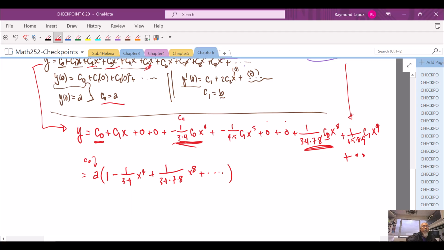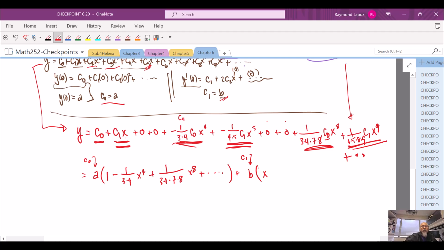And now let's capture all the terms of the c sub 1. I'm just going to write the 3 terms that we have here, but they go on forever. So c sub 1 is actually equal to b, which we found up here. If we factor that out, I'm just going to get an x for the first term.